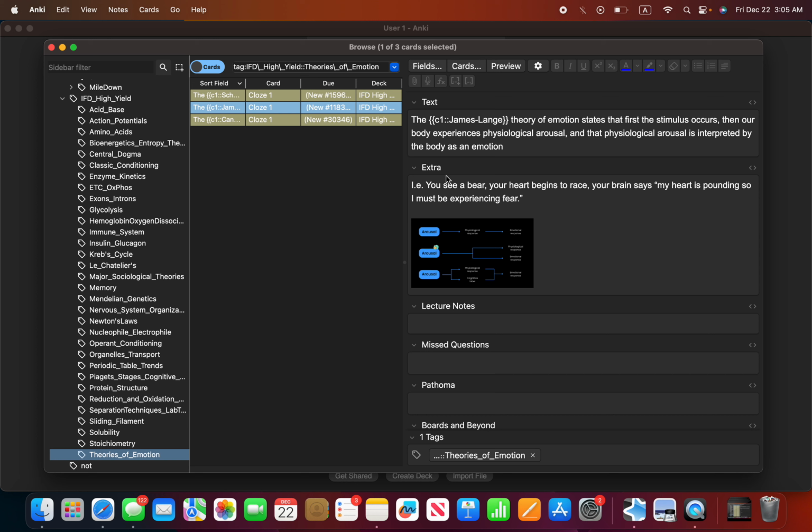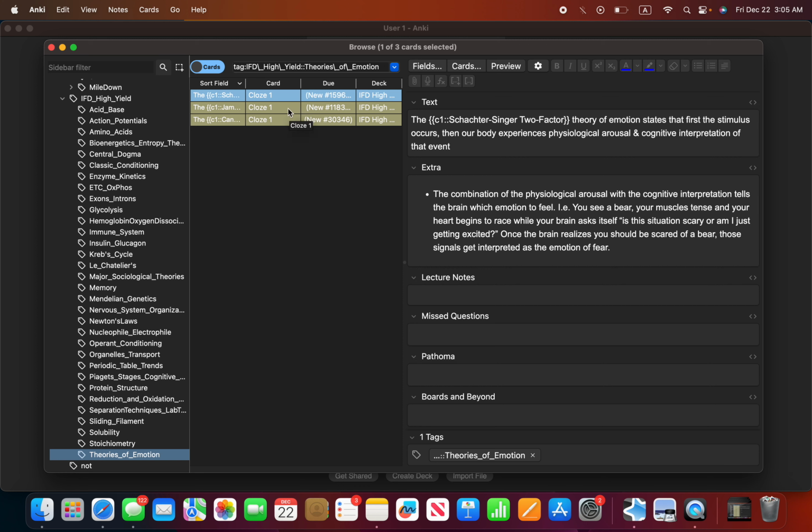In the first one, while your heart was racing, the brain was asking, is this a scary or unscary situation? And because your brain realized that you should be scared of a bear, those signals got interpreted as the emotion of fear.